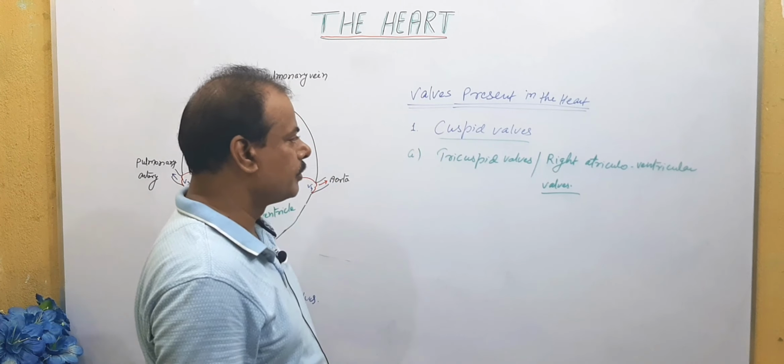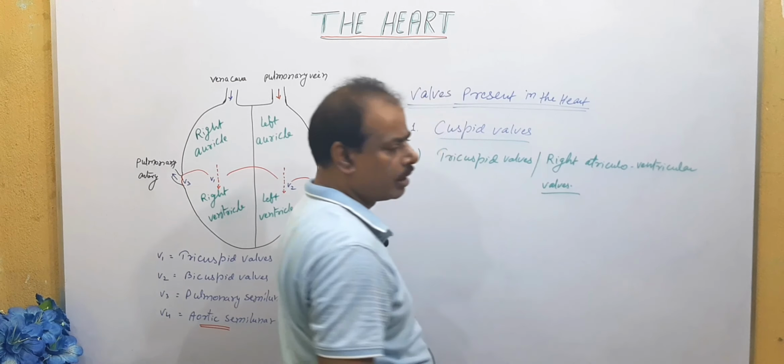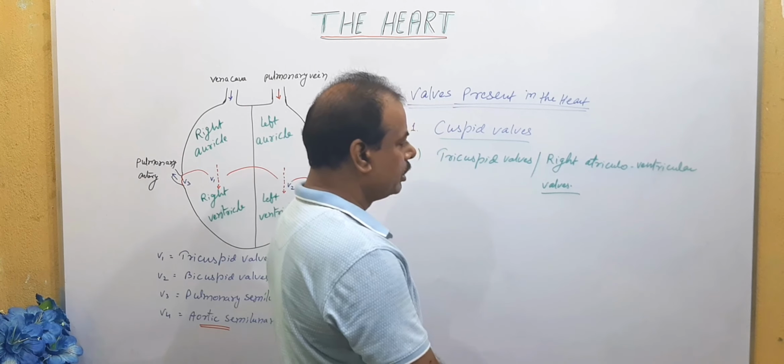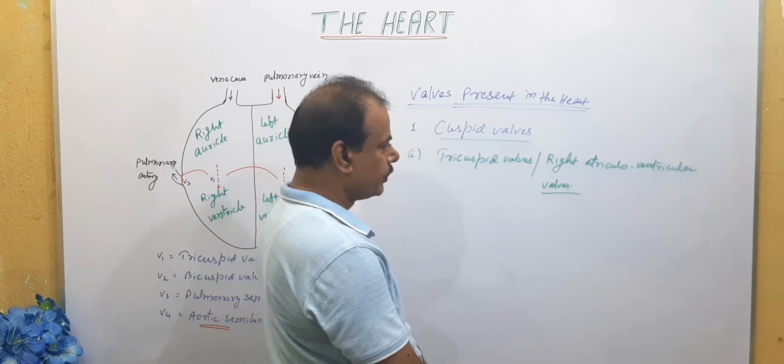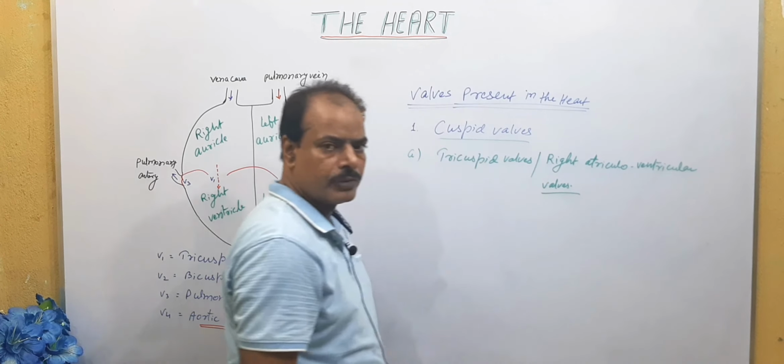So tricuspid valve is also known as right atrioventricular valve, and it is located between right auricle and right ventricle. That's why it is known as right atrioventricular valve.